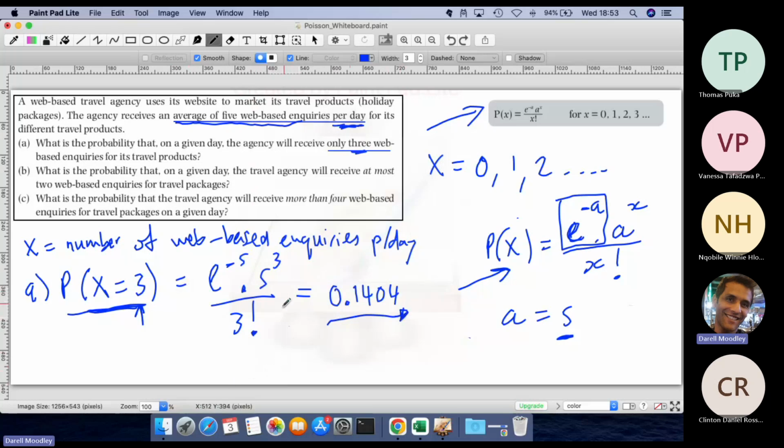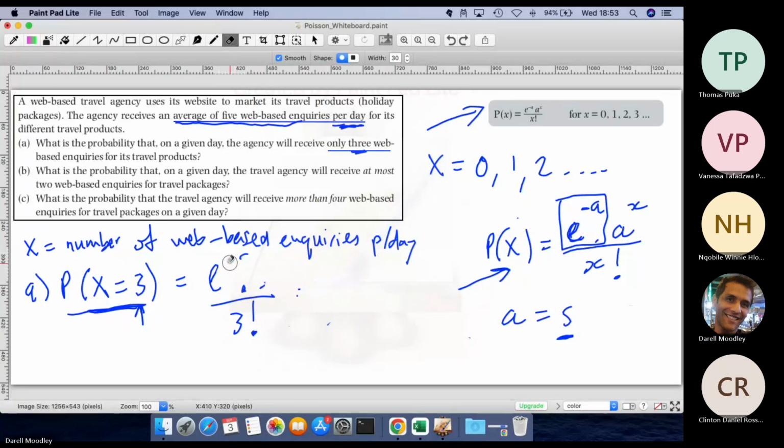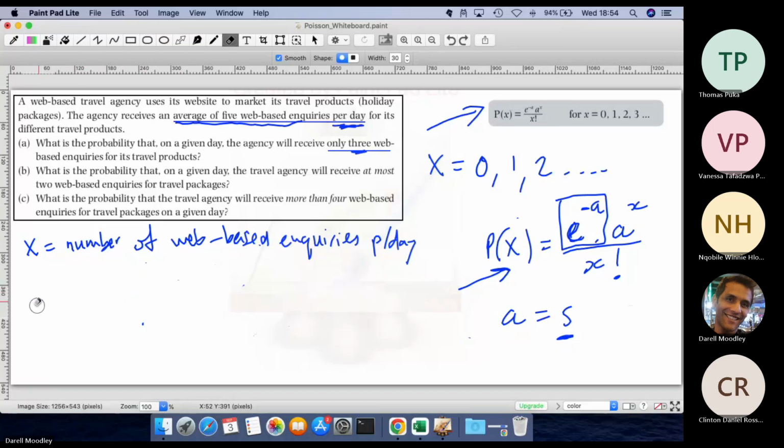Now question B. Let me do question B, I'm not going to skip it. This is question number A. Okay, question number B. The question is, what is the probability that on any given day, the travel agency will receive at most, 2 web-based inquiries?